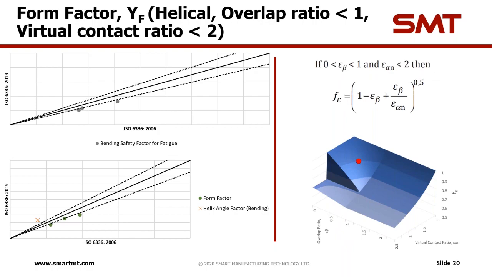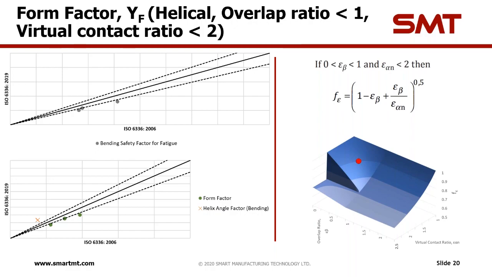So the next one that we would look at is a helical gear with overlap ratio less than 1 with virtual contact ratio less than 2. This plays in one of the equations which has the highest slope, and you wouldn't be able to predict if the values are actually going to increase or decrease for a safety factor.